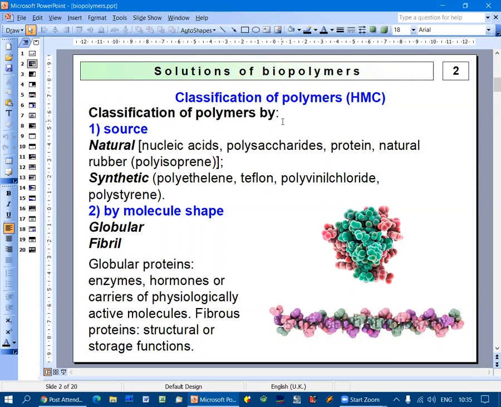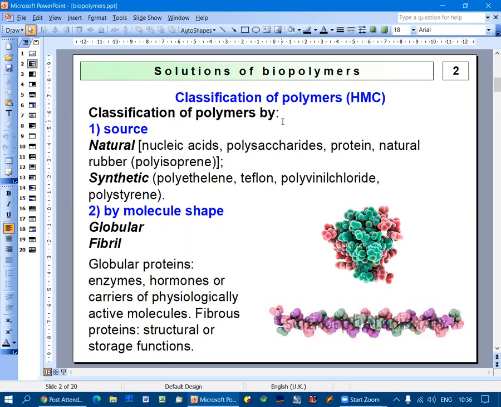Depending on the shape of macromolecules, proteins are divided into two groups. Not only proteins, well, globular and fibrous. That's a trivial classification. You know that proteins have two structures, helical and fibrous. And the helical structure is more typical for globular proteins.